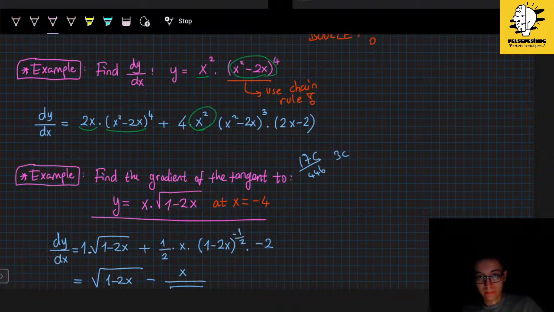Be careful, just reduce it by 1. And times, we take the derivative of the inside function, then we have 2x minus 2. And we have to multiply them, not add them. Be careful, do not confuse chain rule with product rule. It's really important. Okay, I think that's enough.